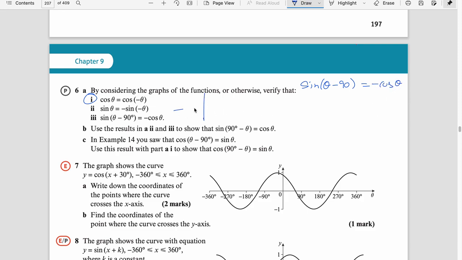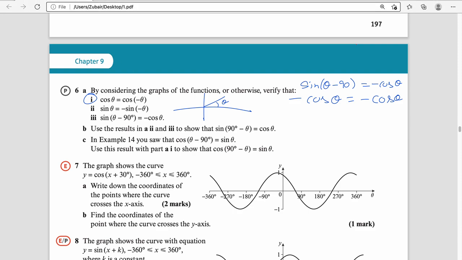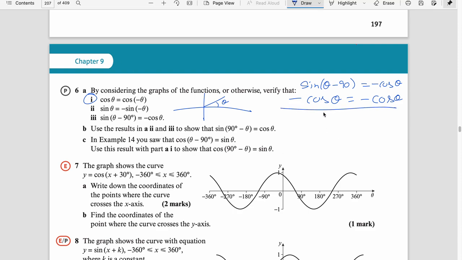Compare this with this sketch. If this is theta and I subtract 90, whatever angle I get would have a negative sign, so you can write negative cos theta. That is a simple identity. Is this clear?